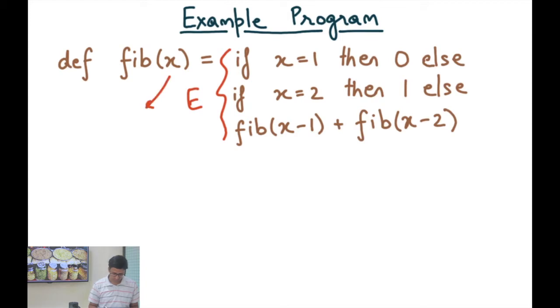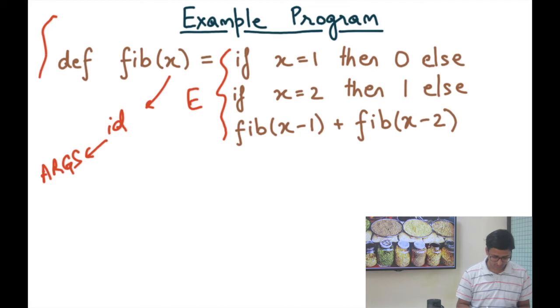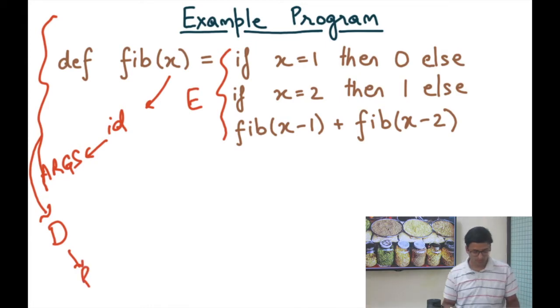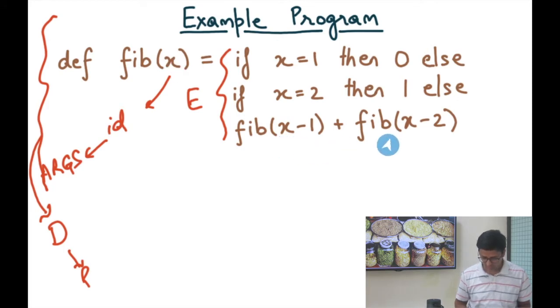This is a variable ID, which can also be produced using the non-terminal args. And this whole thing here is a declaration, and also it's a program. All right, so this particular program, as you can imagine, computes the xth Fibonacci number, because this is exactly the same logic that you would use to compute the Fibonacci series.